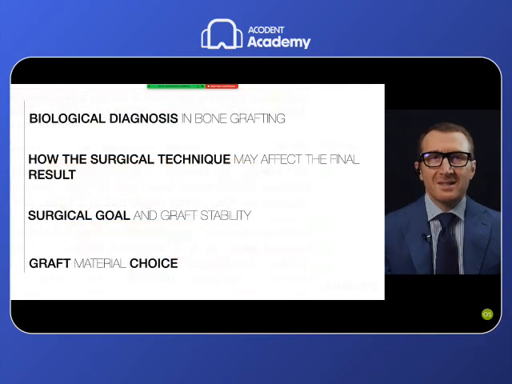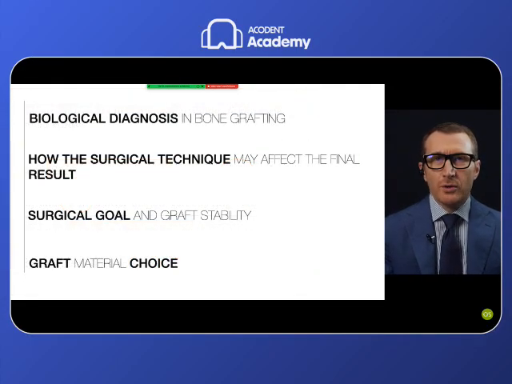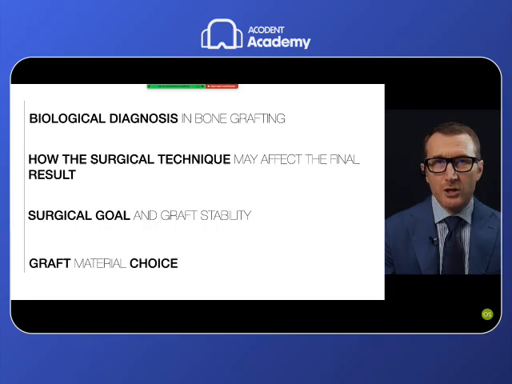So once again, we must know the rules to improve predictability. And what we are talking about today is the biological diagnosis in bone grafting.